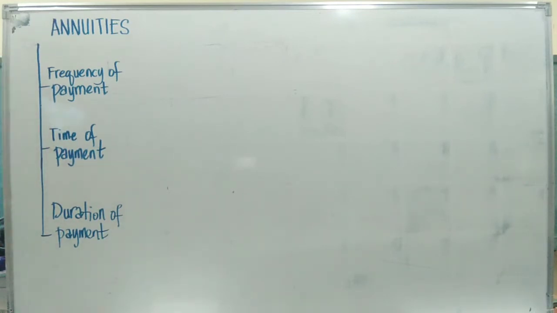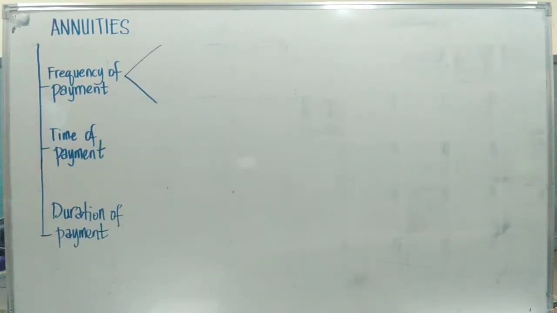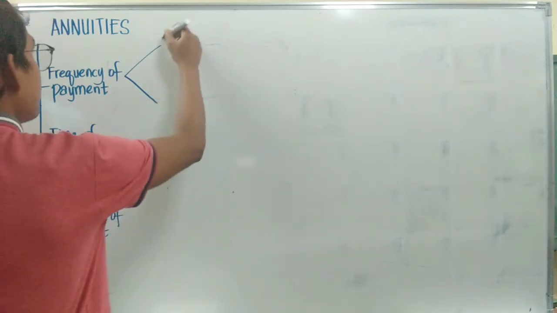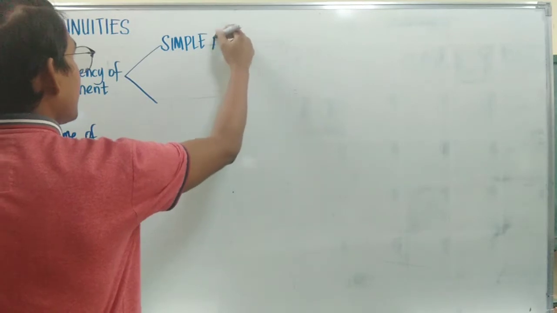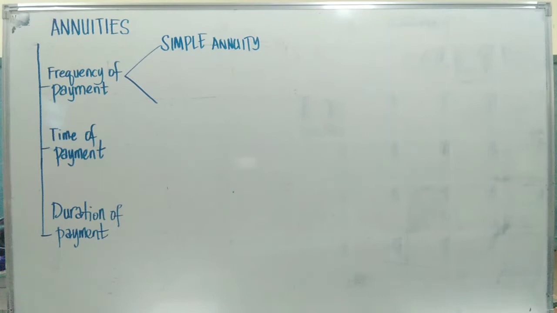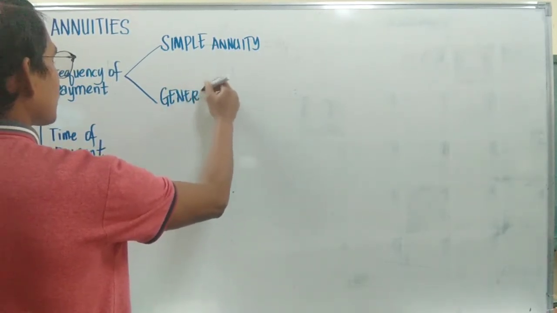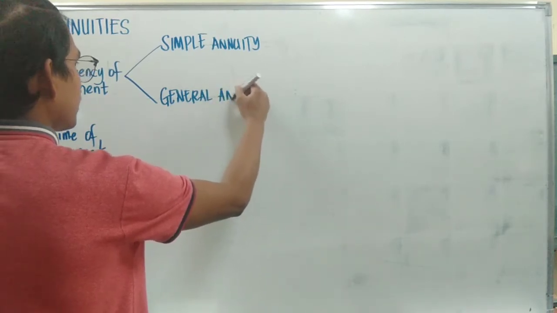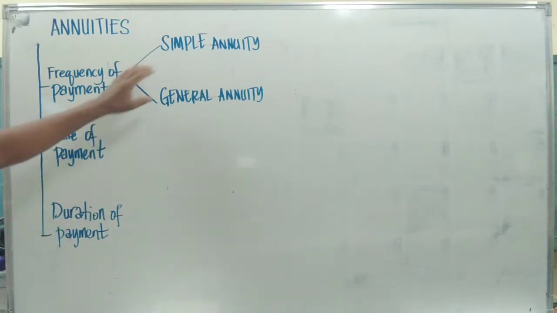For the first classification of annuities, the frequency of payment, we have two types: simple annuity and general annuity. I will explain later the differences of simple and general annuity.